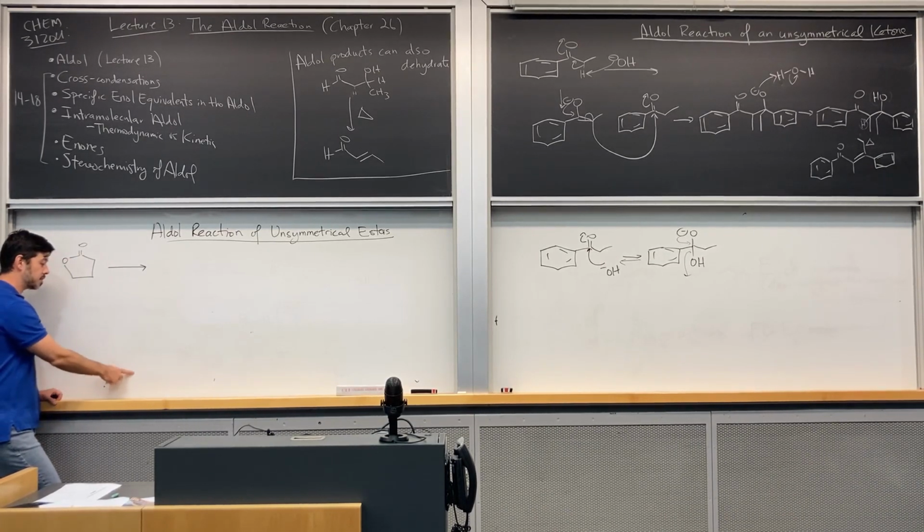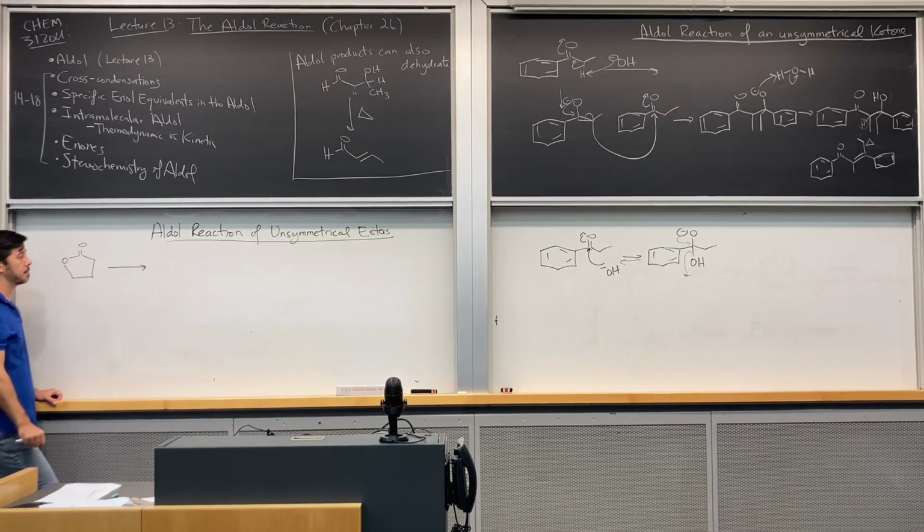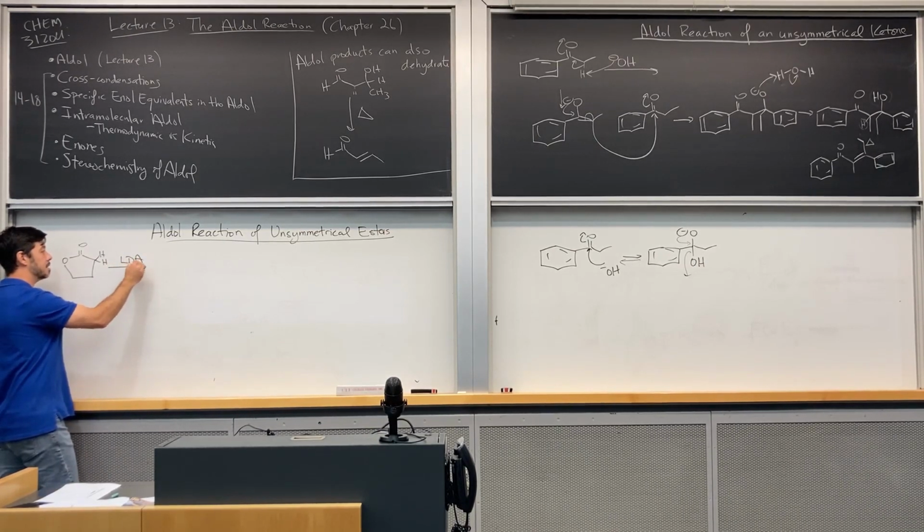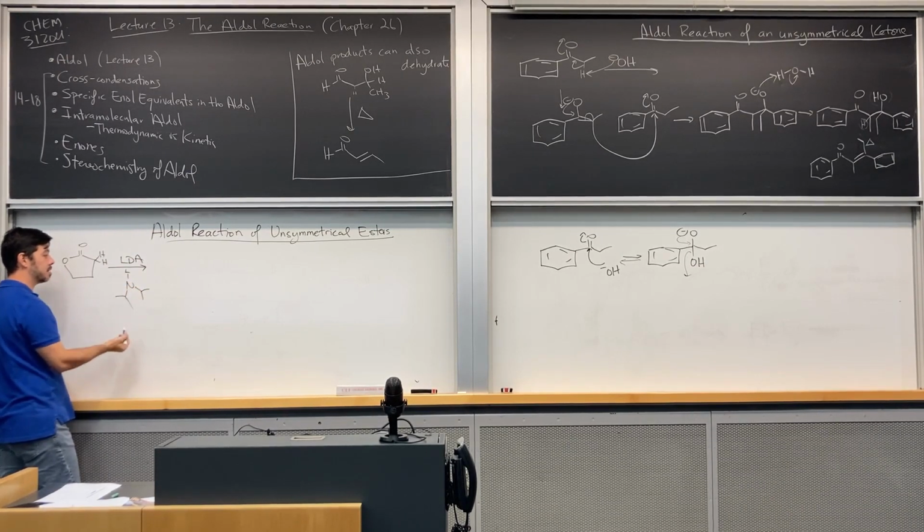So we have to use now a non-nucleophilic base, and we want a base that will pick up these protons here. A good non-nucleophilic base that comes to mind is something that we learned last chapter called LDA, right? Lithium diisopropylamide. This was a good, strong, sterically hindered base.